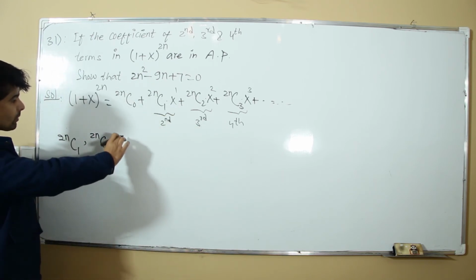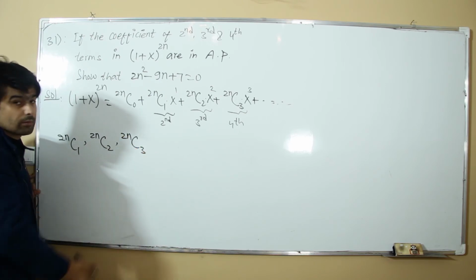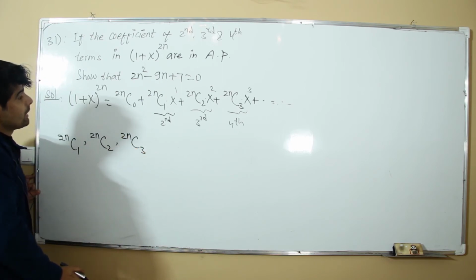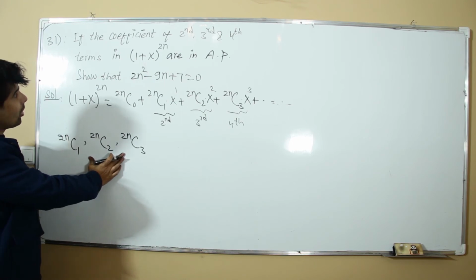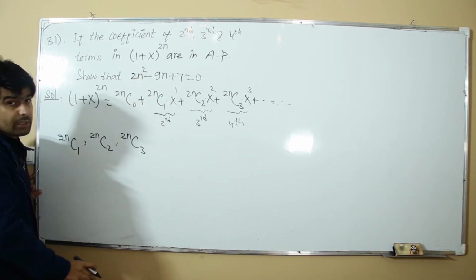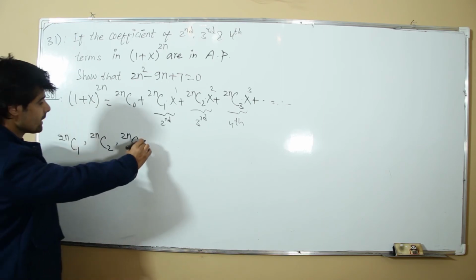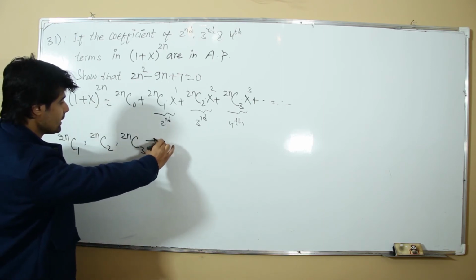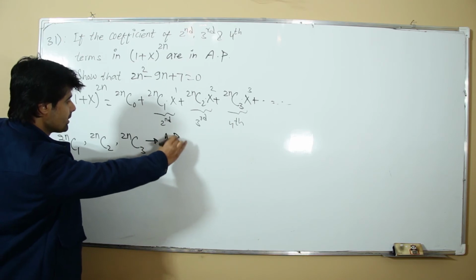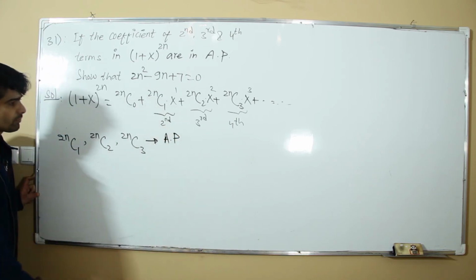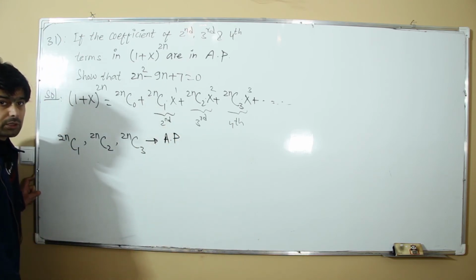And the next one, fourth one, is 2n c3. Now the question is, if these coefficients are in AP, I mean arithmetic progression, what is the condition for arithmetic progression?